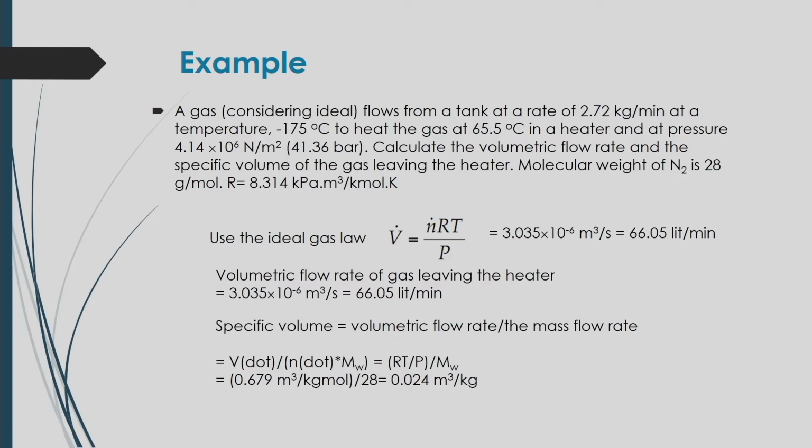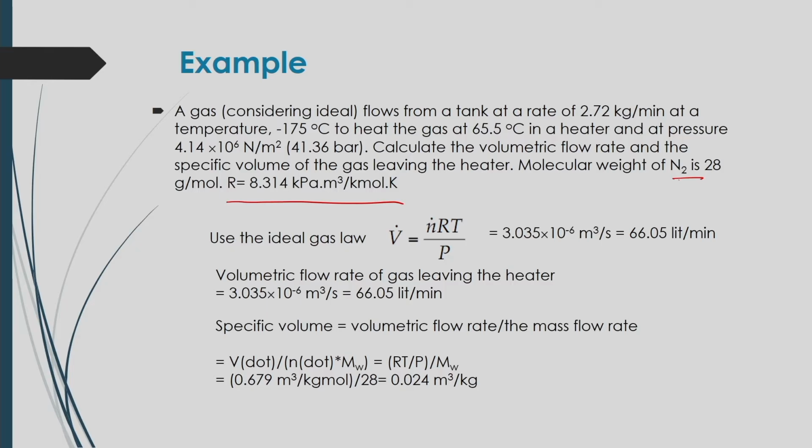Also it is given that the gas consists of nitrogen and hydrogen gas, so what will be the molecular weight of nitrogen, and also the universal gas constant, given in consistent units.